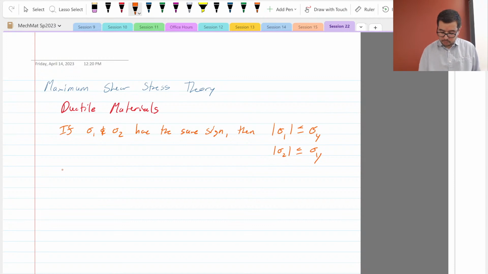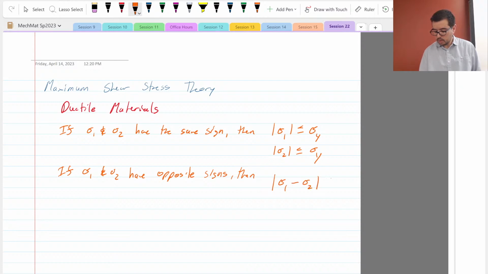And if sigma 1 and sigma 2 have opposite signs, then we have the difference needing to be less than sigma y.